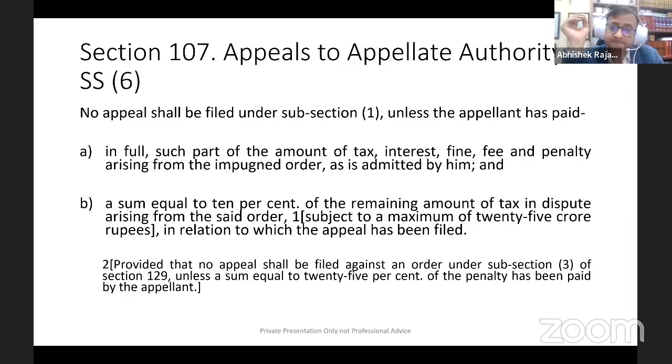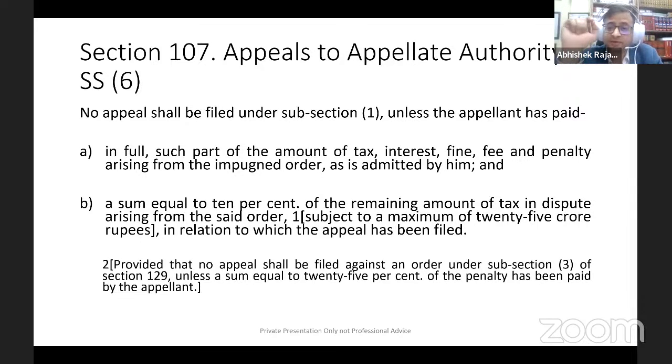Let's say in this case, the undisputed amount out of 10 lakh is 4 lakh. So you will pay the full 4 lakh. 3 lakh is disputed tax.